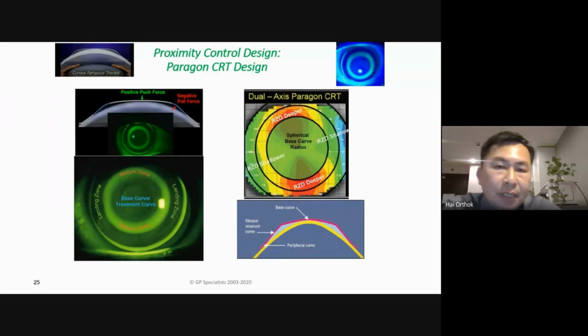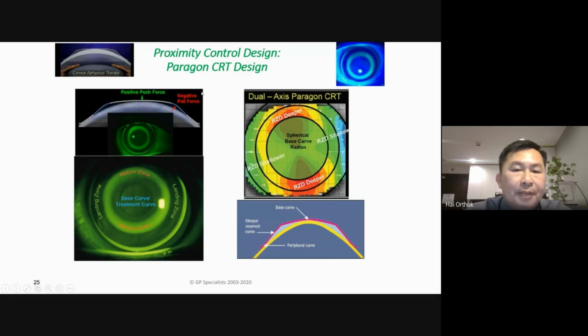I would like to show you the difference between the Paragon CRT design and other designs, especially the IC and Firewall designs. Paragon is a proximity design, and it reduces the height in order to compress on the cornea. We can see the positive 4 right here.